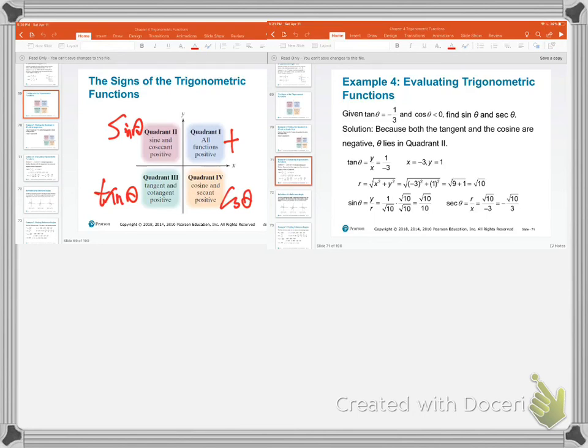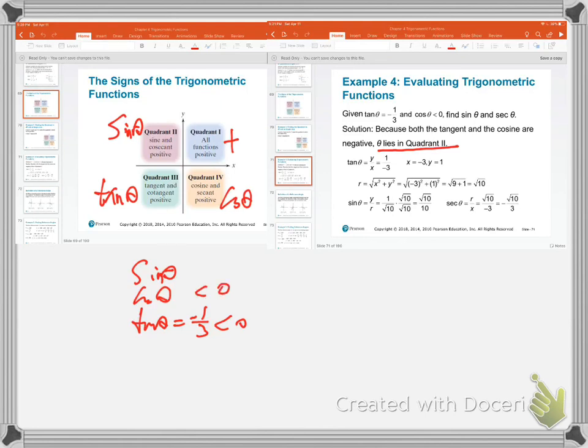So if you can remember this, you can also find that the angle theta is in the second quadrant for the same example, because we need tangent negative, cosine negative, right? So we're looking at 3 functions: sine, cosine, and tangent. Tangent is negative 1 over 3, so it's negative.